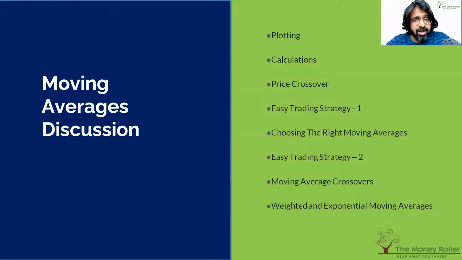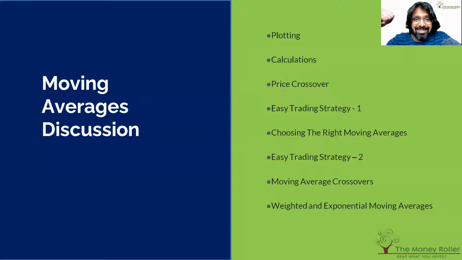The exponential moving average calculations are a bit taxing, so we didn't do it. Then we talked about the price crossing above the moving average and crossing below the moving average, and how it also tends to take support from a moving average. So you have to find the correct moving average, right?